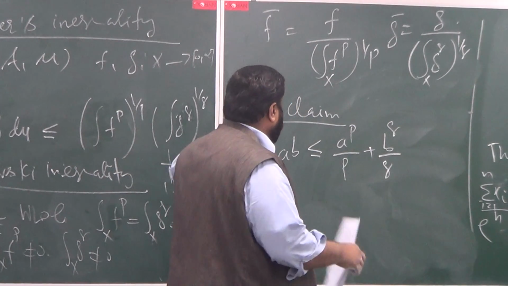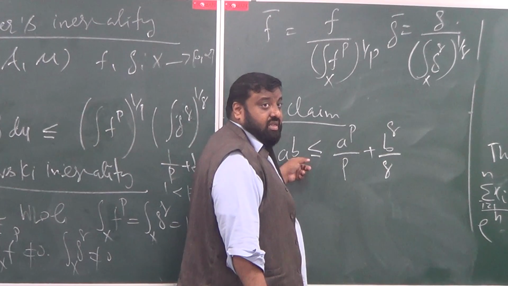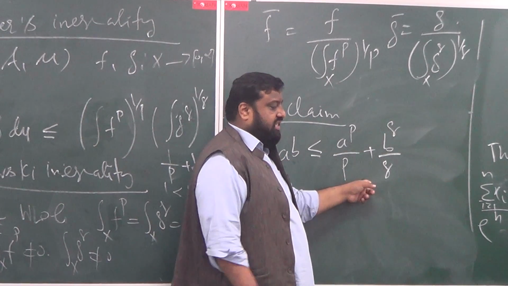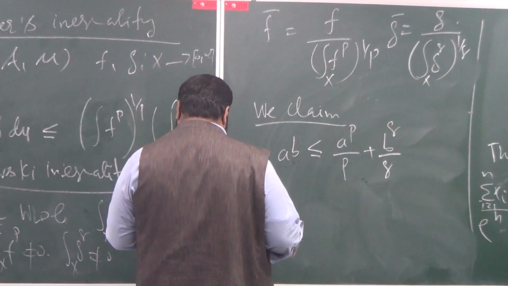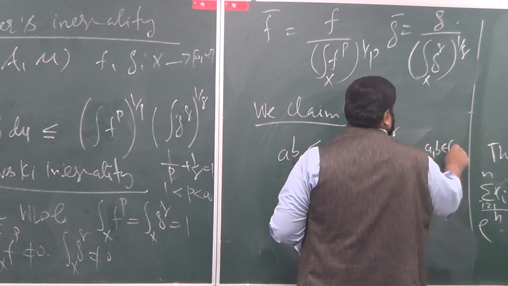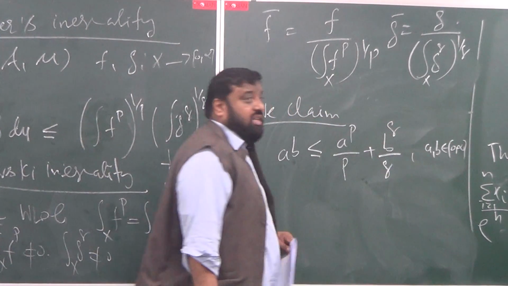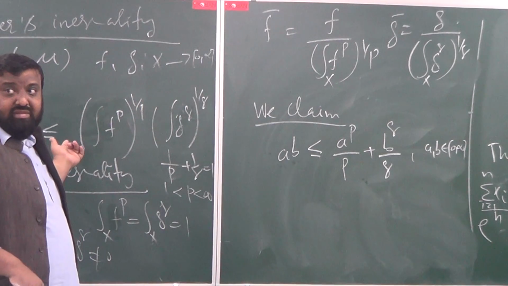In other words, for any two numbers, you can have such an inequality. So replace a and b by f bar and g bar, so take a and b to be any number from 0 to infinity. If this is true, can you see that we can get this as well?